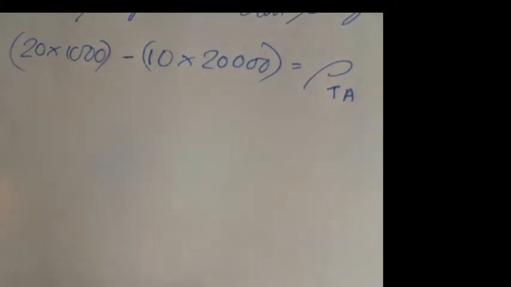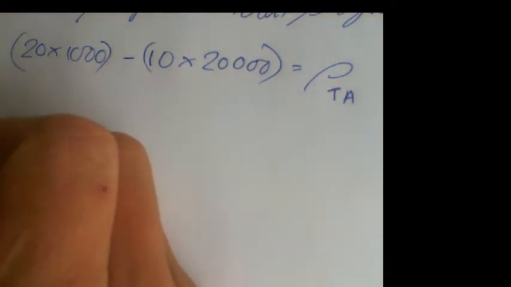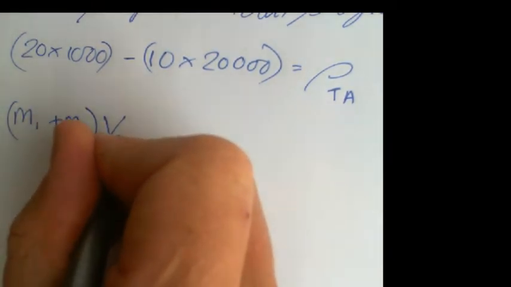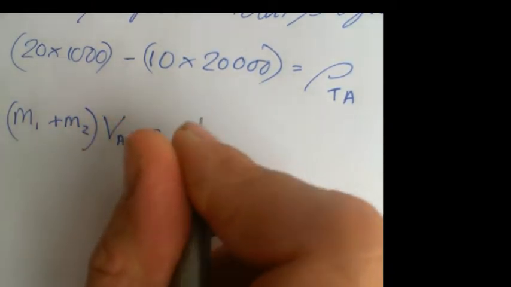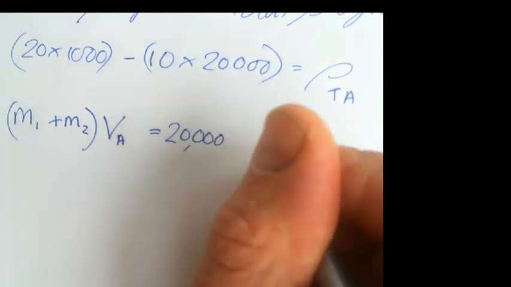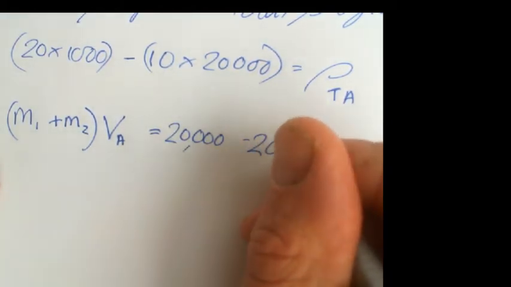So, total momentum after. Okay, and let's say that they join together when they crash, and I want to find out what the new velocity is. I'm going to say that m1 add m2 times by the velocity after is going to be equal to all of this. When I work that out, so that's 20,000 minus 200,000.